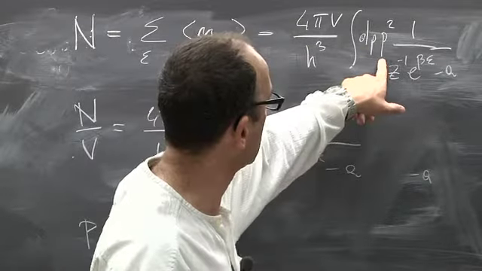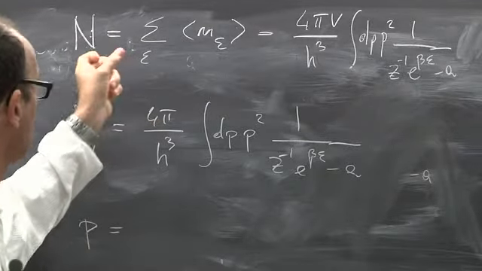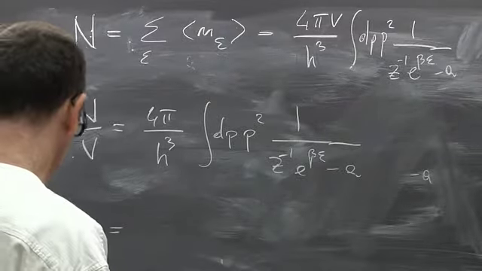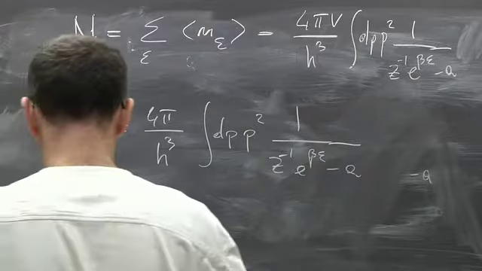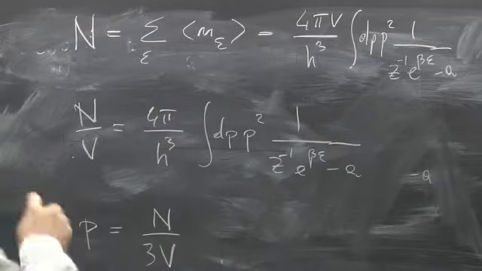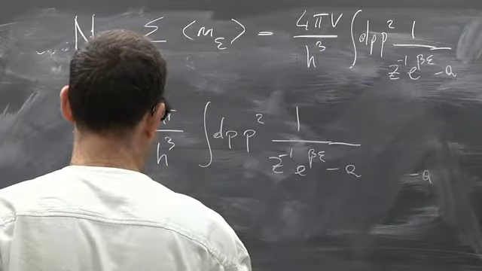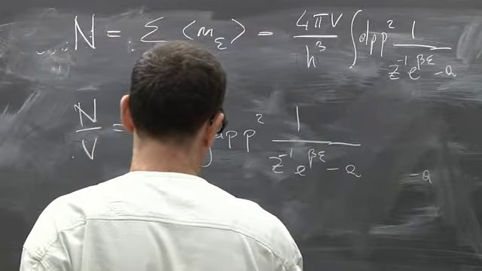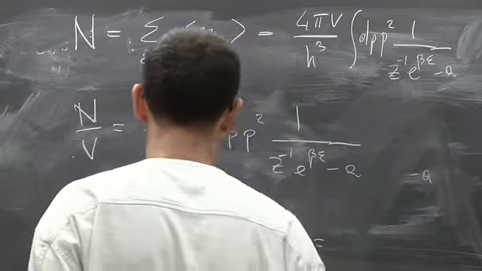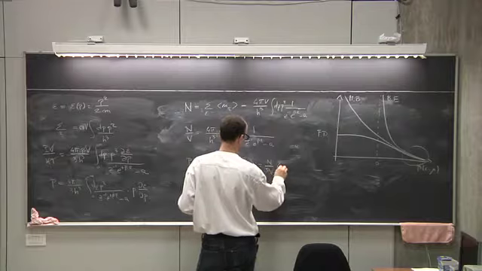So from this you get a probability distribution on the different energy levels if you divide by N. So what you can write is that the pressure is equal to N divided by 3V, if you compare these two equations, essentially the average of this thing, which is N over 3V times the average of.